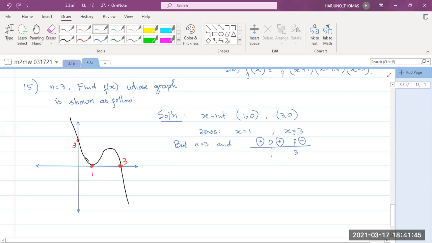So x equals 1 is a zero with even multiplicity. Can we just say that x equals 1 has multiplicity of 2? Well, you need to argue why it's 2.